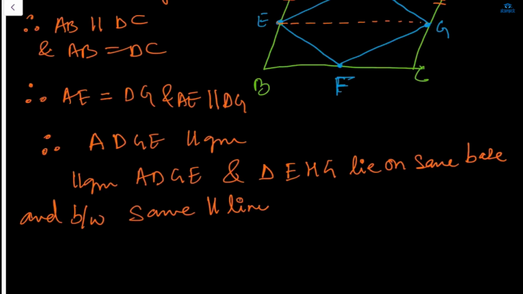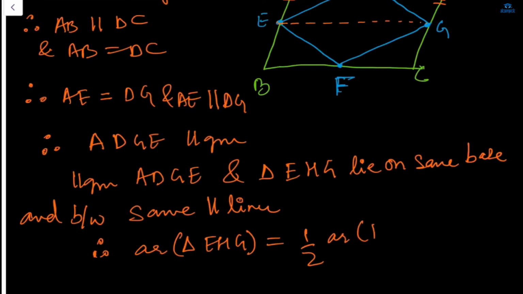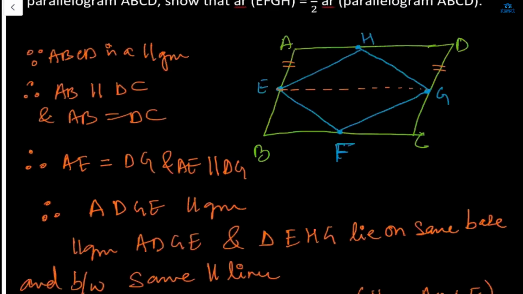Therefore, area of triangle EHG will be equal to half of area of parallelogram ADGE. Yes? Any doubt in this?